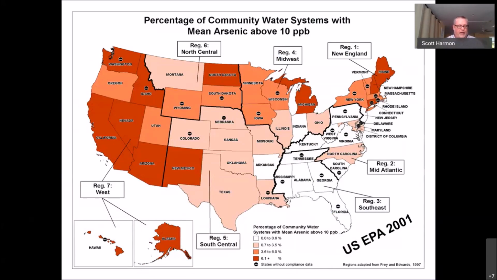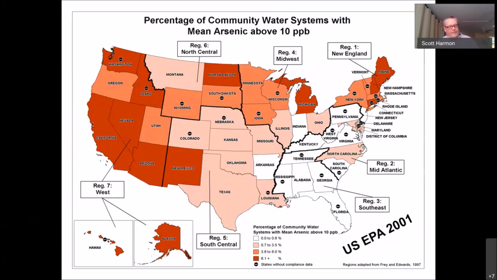The darker shades show the higher percentages of systems with levels of arsenic in their source water. The darker shades, over 6% of all community water systems in many western states, Michigan and some New England states, have a mean arsenic concentration above the revised MCL.